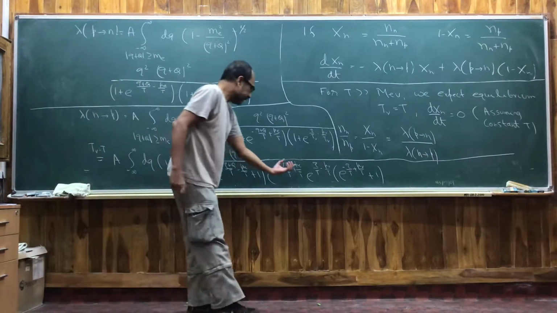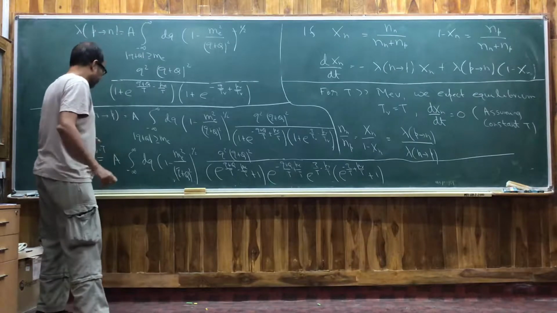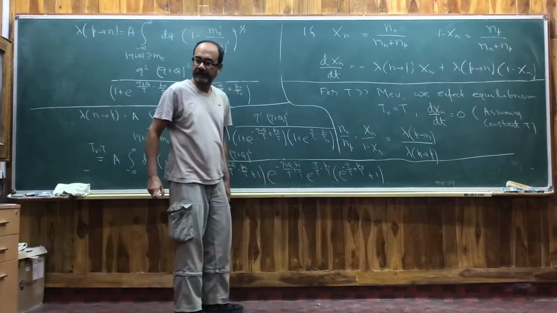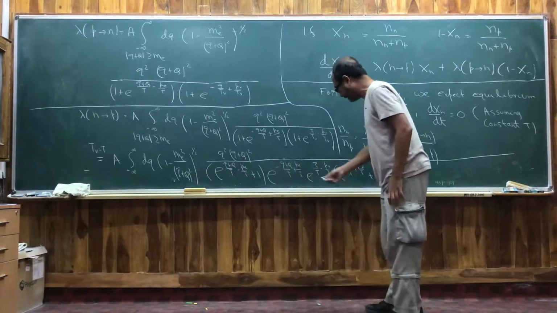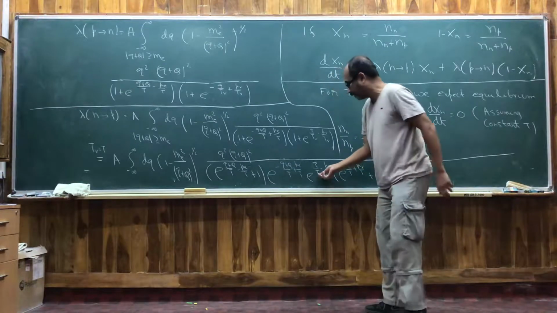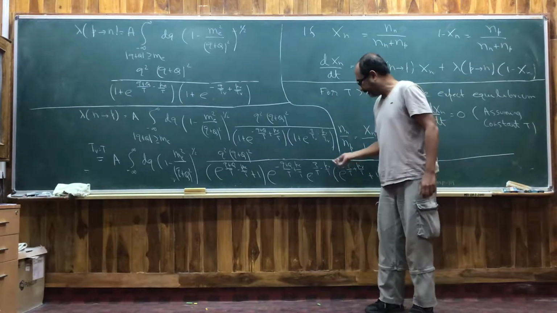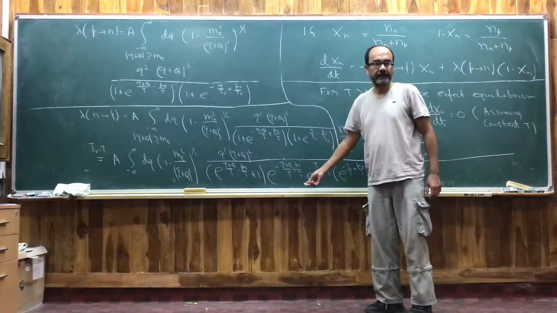But now you see that in this product, what is the difference between P goes to N and N goes to P? It is this product. Everything else is the same. So in this product, this minus q over T and plus q over T cancel. Everything else is q independent, so you can take this outside.